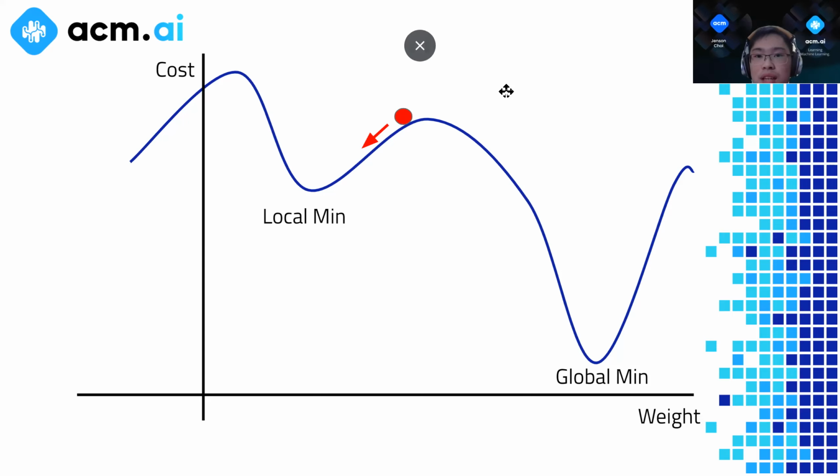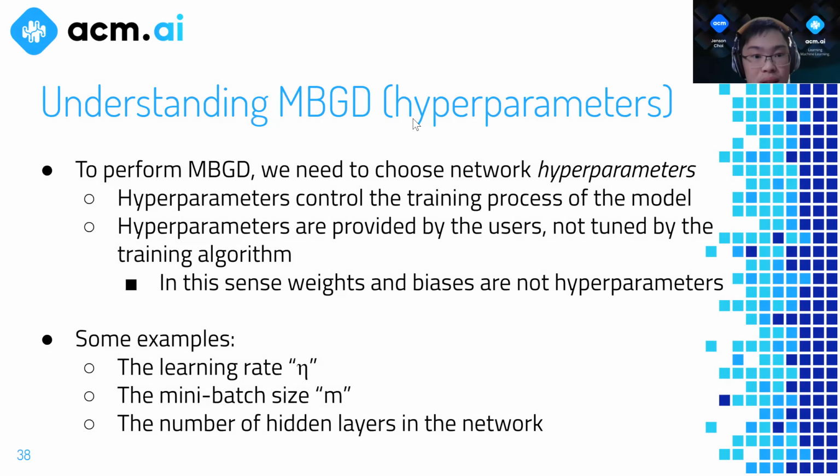And so that's one advantage that a stochastic algorithm like mini batch gradient descent has, because it's basically a more efficient way to find the global minimum, which will lead to the best performance for our network. Okay, so yeah, the mini batch size is another example of hyperparameter.